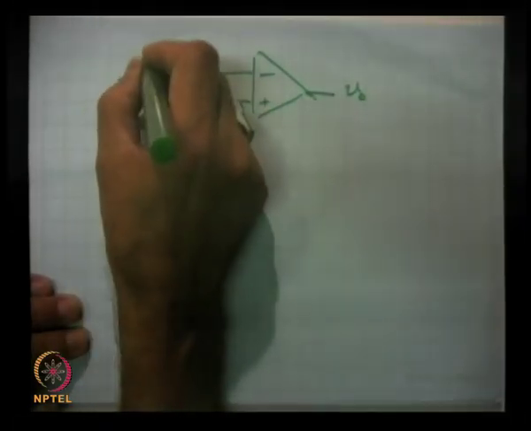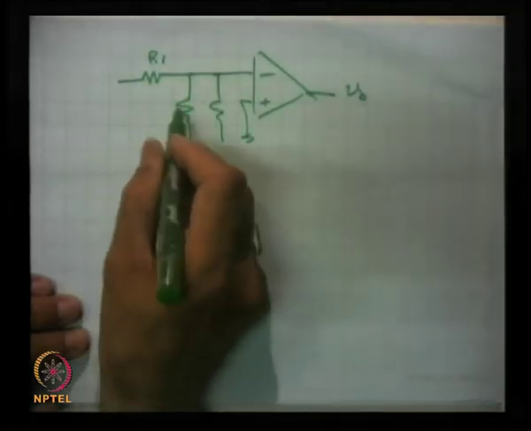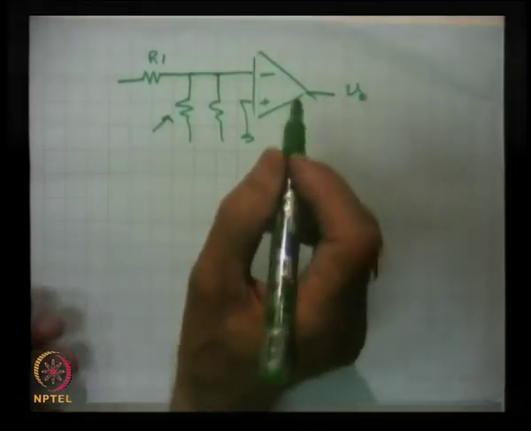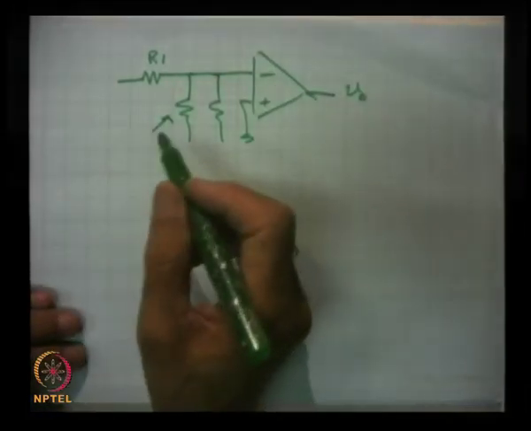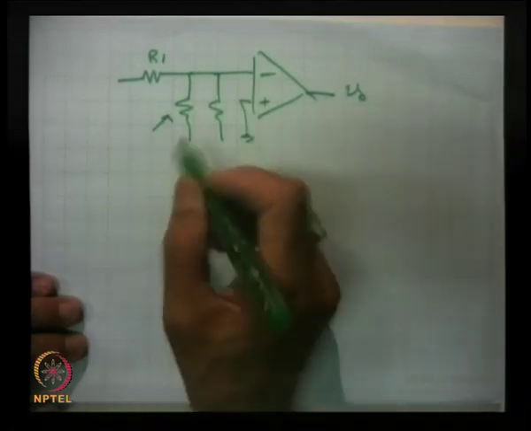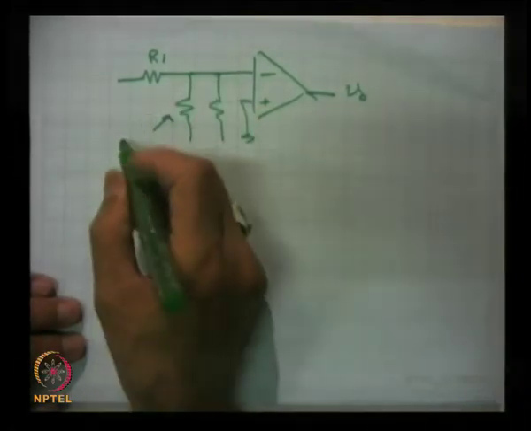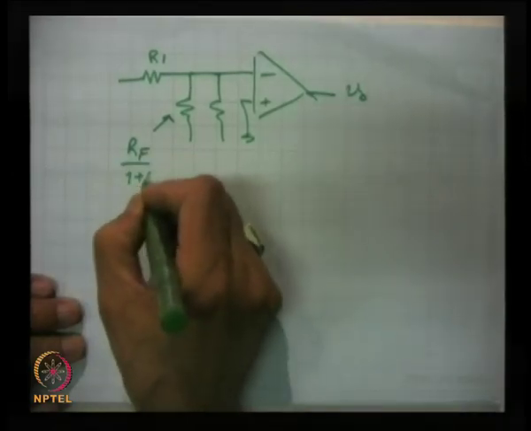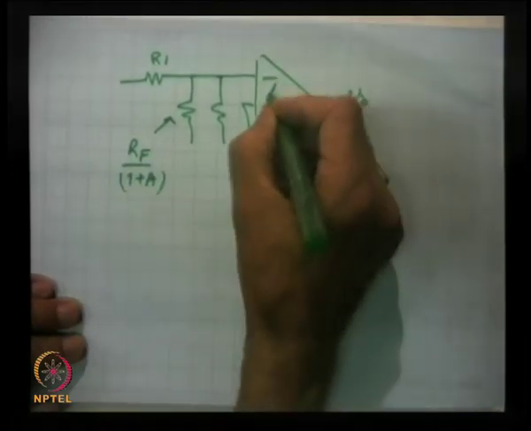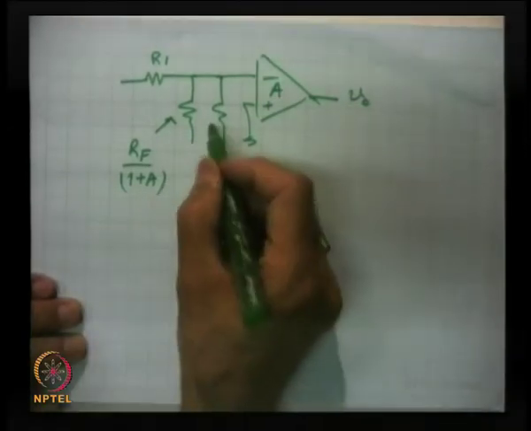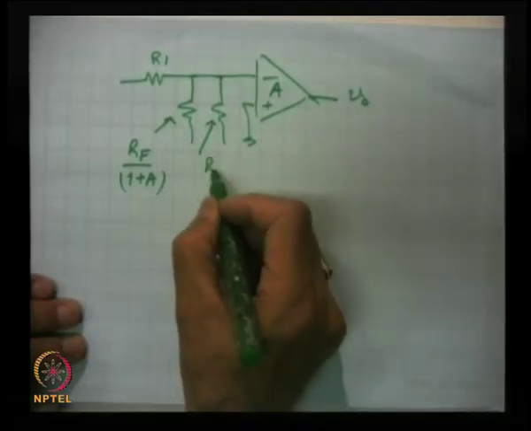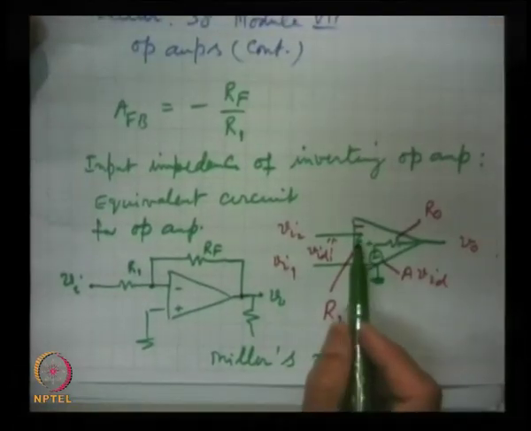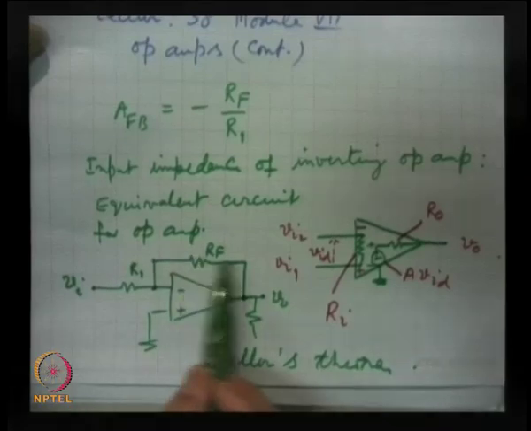This is R1 and this resistance is the Miller's equivalent at the input, and this is equal to RF by 1 plus A, where A is the open loop gain, and this is that Ri, the input impedance here.